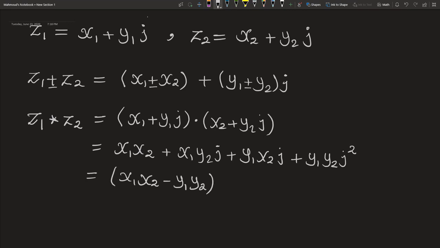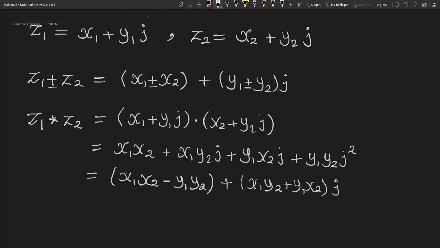And this is the real part of the multiplication of two complex numbers. Then we add the imaginary part, which is basically x1 y2 plus y1 x2 times j, obtained by just collecting these two terms. This is the multiplication of two complex numbers.